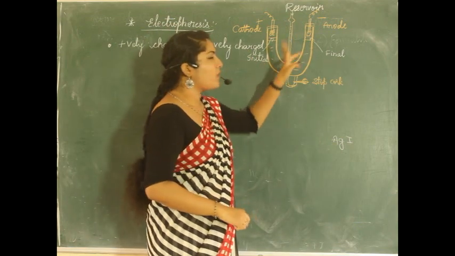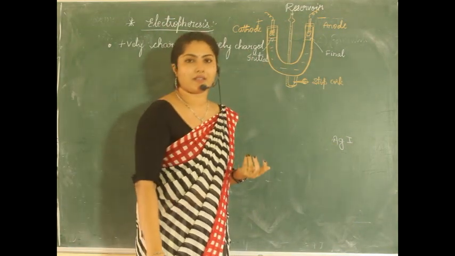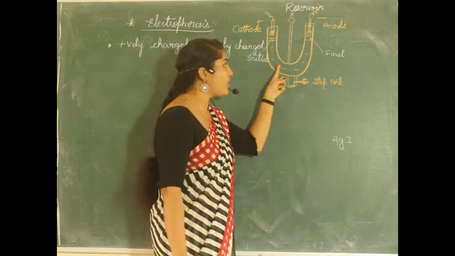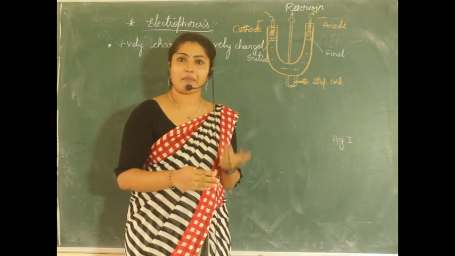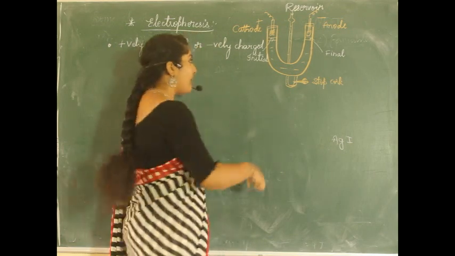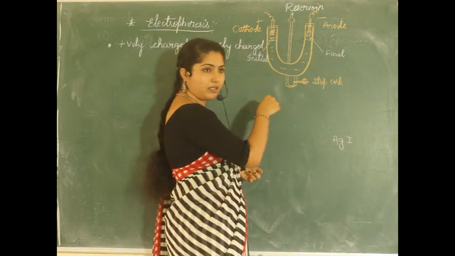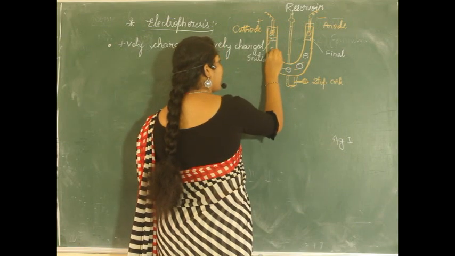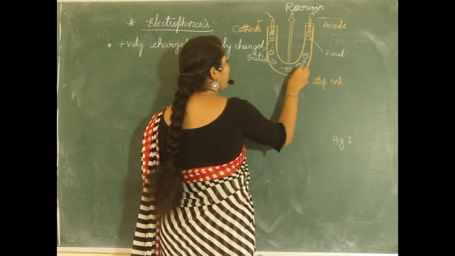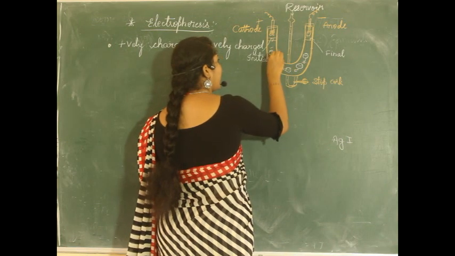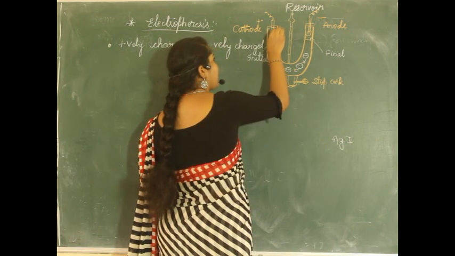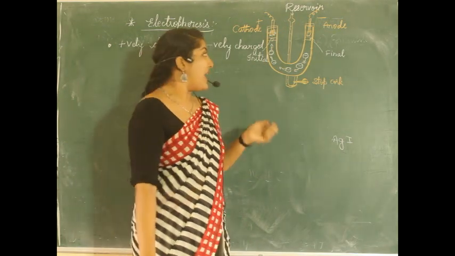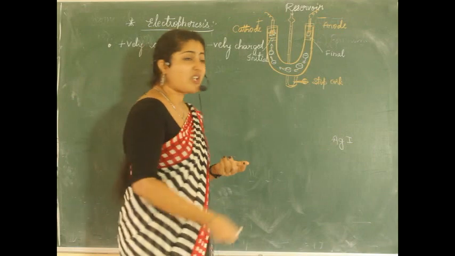Now what happens when the electric current is passed or an electric field is applied? You know that the colloidal particles can be positively charged or negatively charged. If it is a negatively charged particle, it moves towards which direction? It moves towards the positively charged electrode, and gets deposited on the electrode. If the particles are positively charged, what happens?